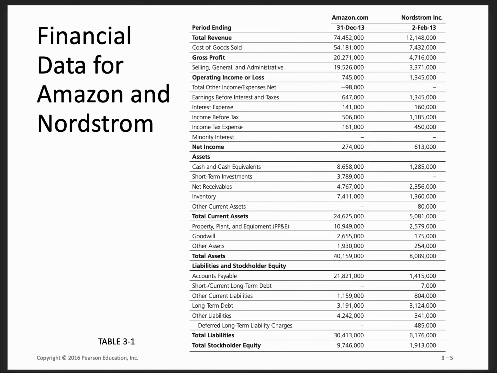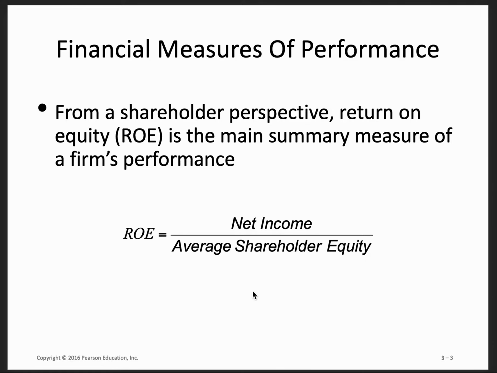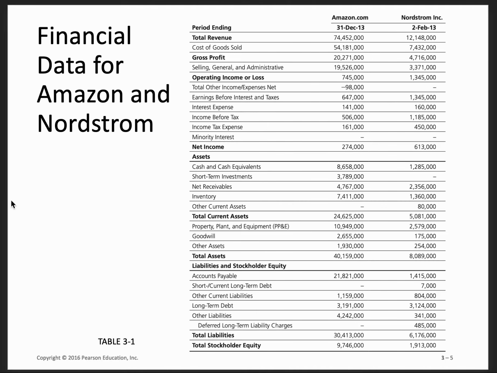Now, in the textbook, there are some data points with all the calculations. You can look at all the data given here. Say, for example, if you wanted to calculate return on equity, it's net income divided by average shareholder equity. So let's say you wanted to do it for Amazon. You can look at net income.